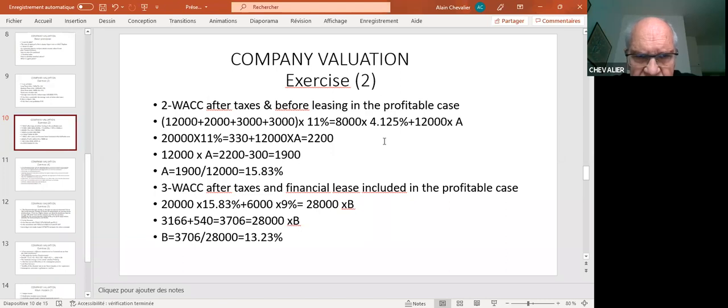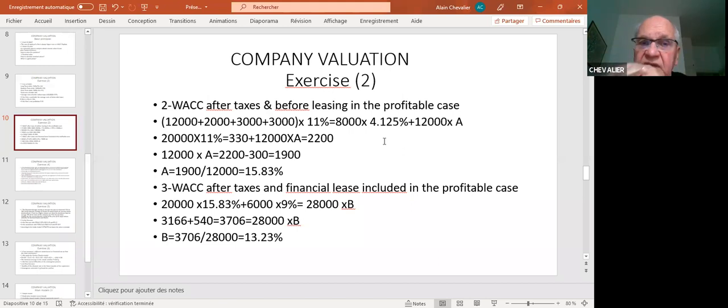The calculation at the end gives you 15.83%. So we were able to calculate 15.83%, the cost of equity for this company.